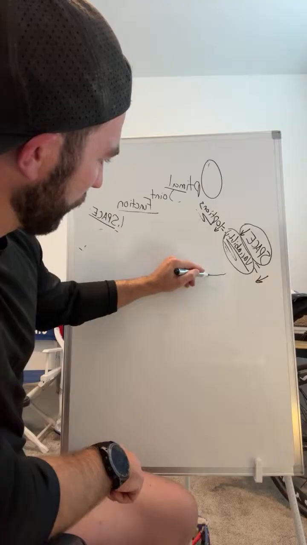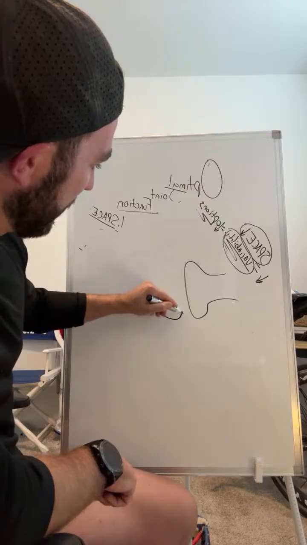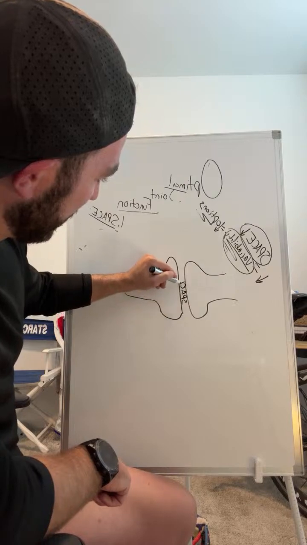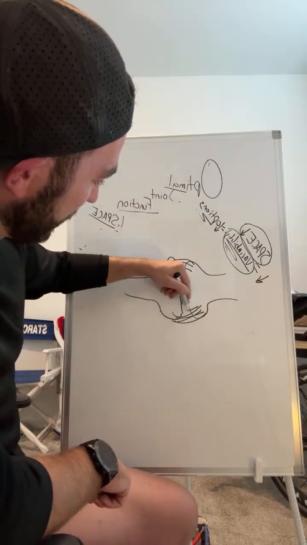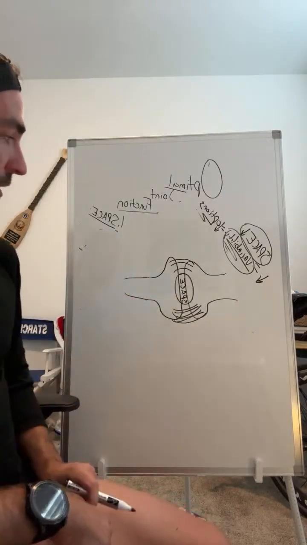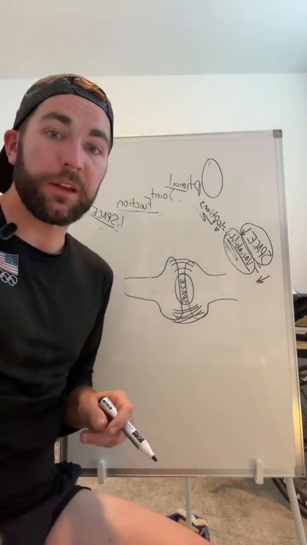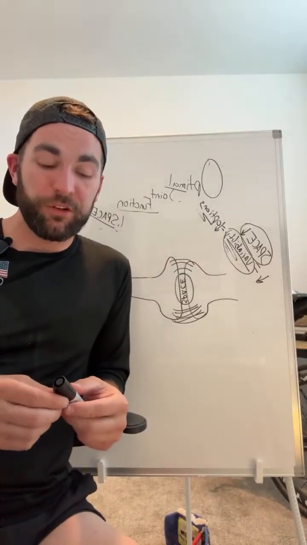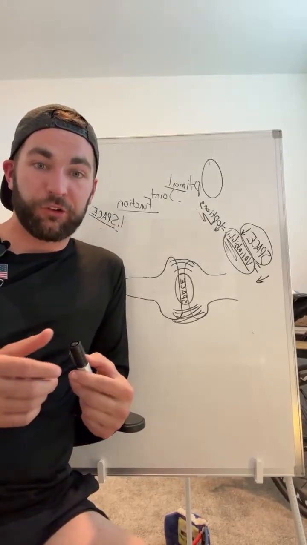So, right, if we go back to the beginning, bone 1, and then we've got bone 2, and we have space, right? And then we've got the capsule that defines the space, which is the connective tissue. So, optimal joint function says we need space, right, for the bones to move. But now you know we don't just need bones to move, we need space so the nervous system has lots of variability or options to choose how it goes about doing a squat or a lunge or a leg exercise.